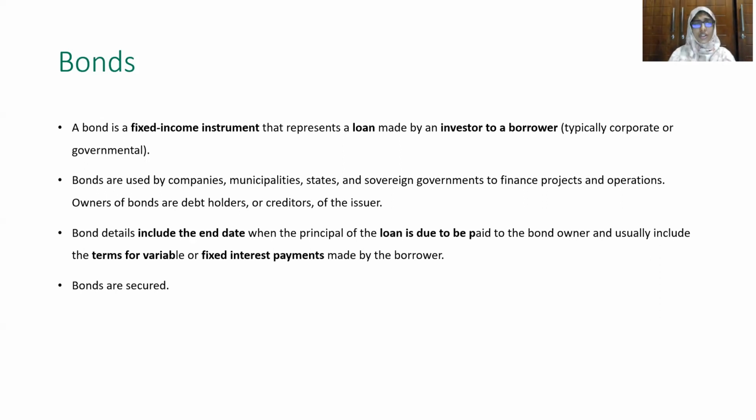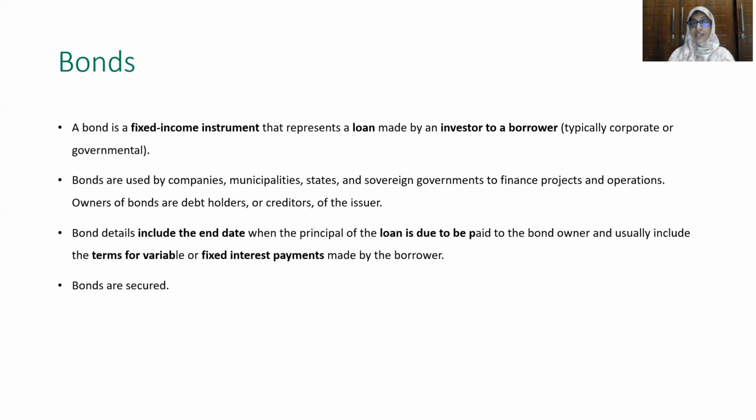The bond generally includes the end date, and then the borrower will have to pay a set of interest payments. It could be a fixed percentage or it could be a variable rate. So it depends on how the bond was structured.